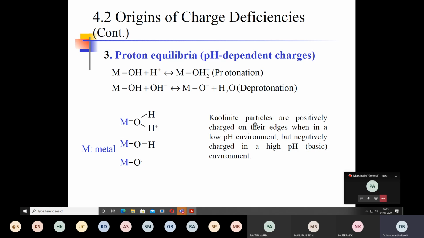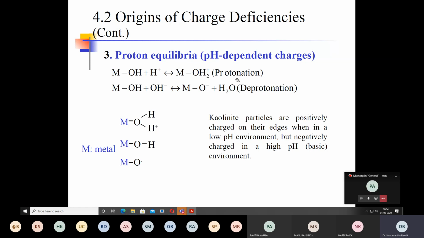Kaolinite particles are positively charged on their edges in a lower pH environment, but negatively charged in a high pH, so in the basic environment. The change in pH aggravates or reverses the charge deficiency. Here also some equations have been given. Depending upon the substitution of the hydrogen or the oxygen or the metal ions, there may be protonation or deprotonation.